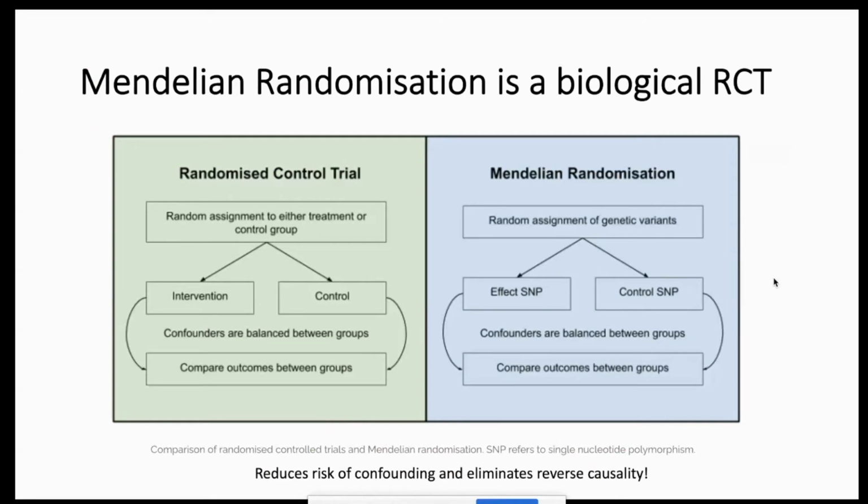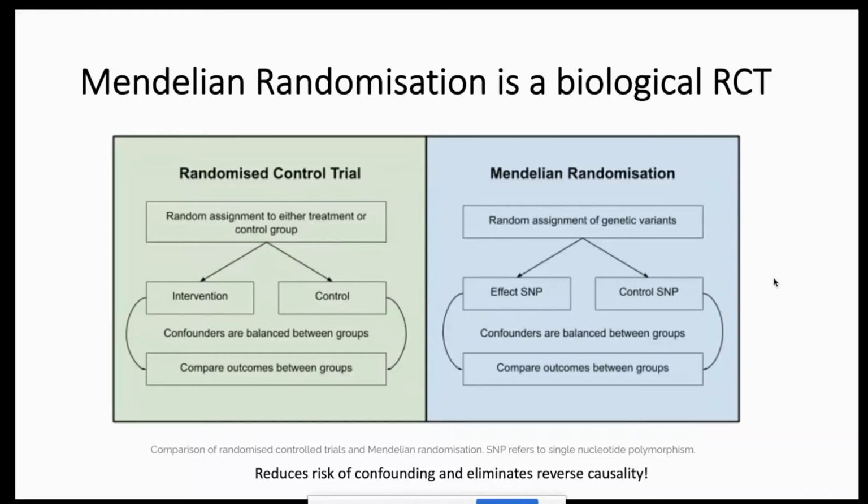And drawing out that point a little bit further, essentially we can conceptualize Mendelian randomization as a biological randomized controlled trial. On the left, we have the typical schematic for a randomized controlled trial. Again, we have the random allocation to either the treatment group or the control. Because it's random, we get the benefits of confounding being balanced between the groups.